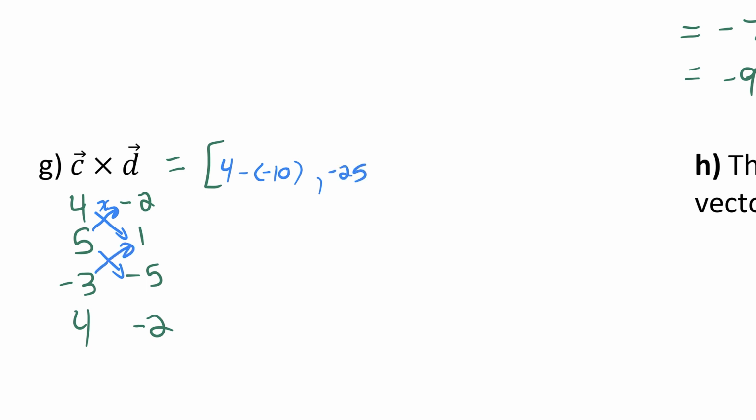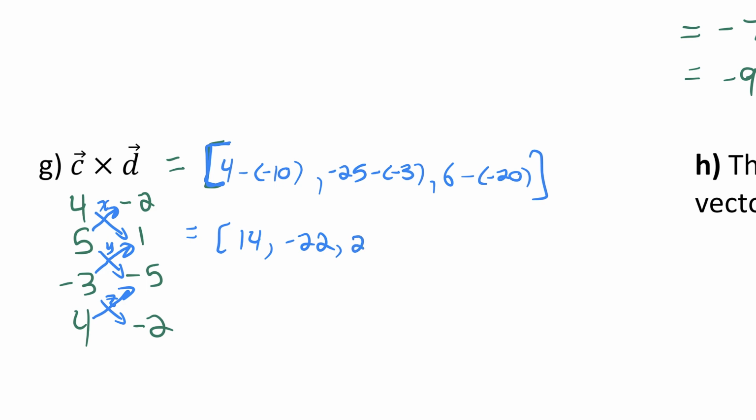So -25 minus -3. And the z component I'll get by doing -3 times -2 minus 4 times -5. So that's 6 minus -20. Let me simplify this vector. It gives me 14, -22, 26.